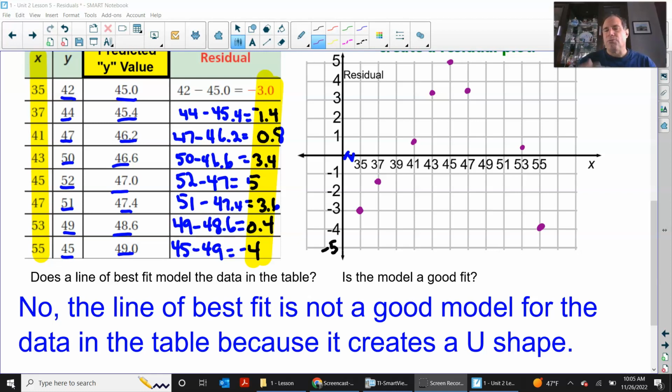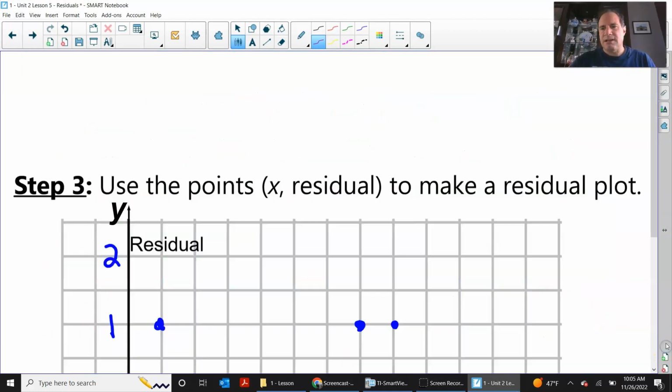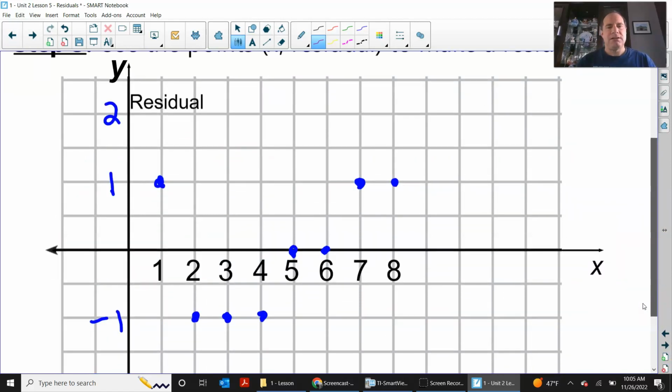That's it. So we take a look at this right here. This is obviously right from the start, we knew that that trend line was not a good fit. Really didn't make any sense. Then if we go back and just take a look at this table right here, this residual plot, where it doesn't create a shape, a U shape, this is a good fit.